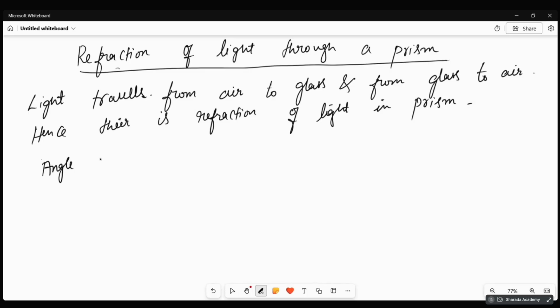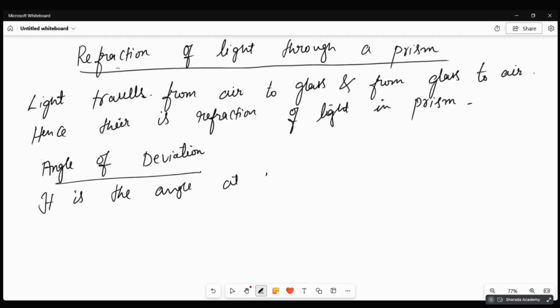Next, angle of deviation. It is the angle at which the emergent ray makes with the incident ray, or the angle between the emergent ray and the incident ray.